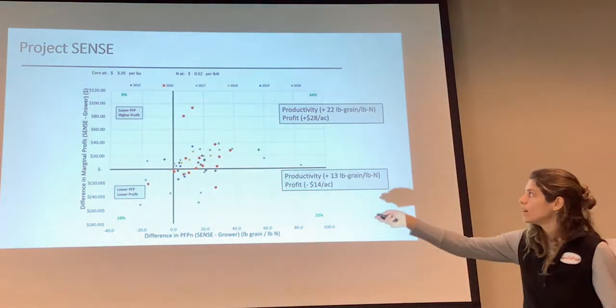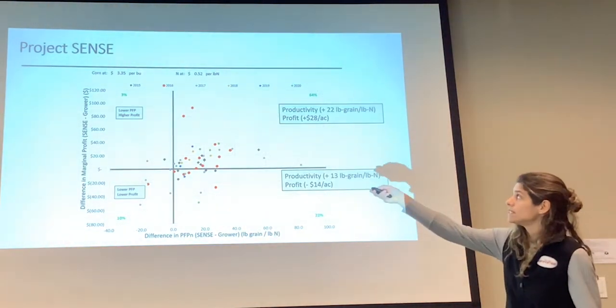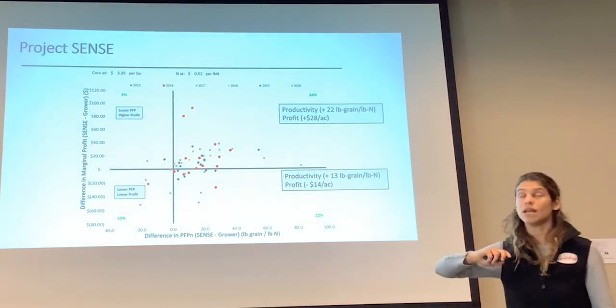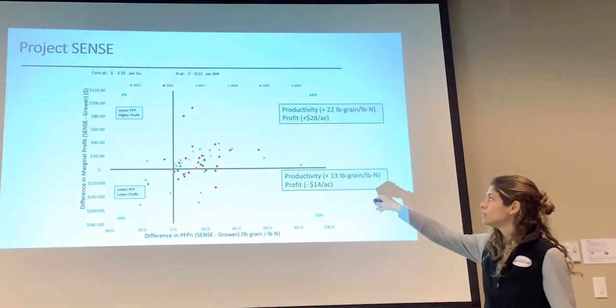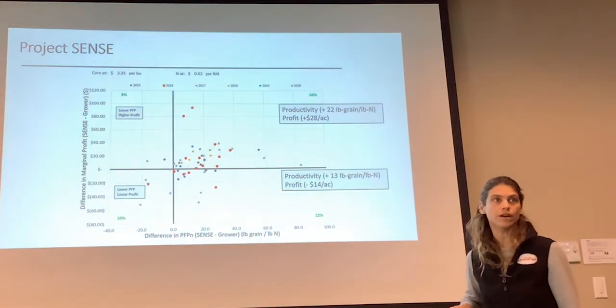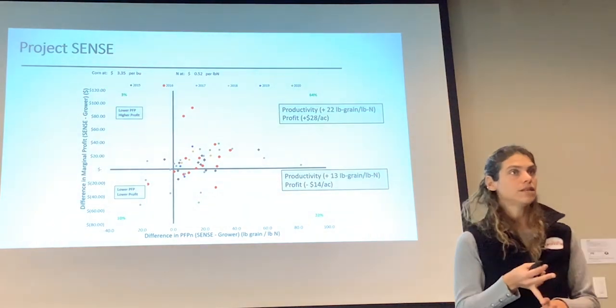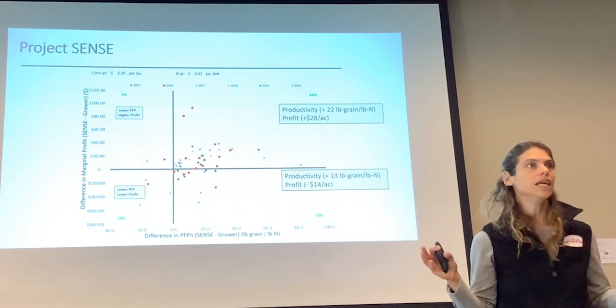So really what I want all the growers to be is up here. With all prices, right? We need to update this today. 65% of my growers were in this top quadrant over here, which means increasing profit and savings in nitrogen. So being more efficient, and that was consistent across years, right?